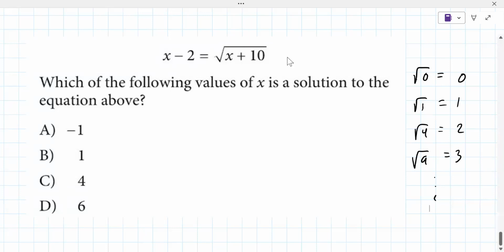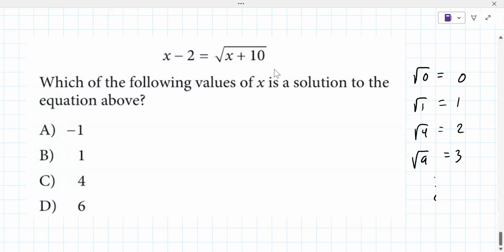Well, 0 plus 10 is 10. Do you know the square root of 10? I'm trying to get you to think about what you actually know the square root of, and I'm sort of hinting at it over here in this list.